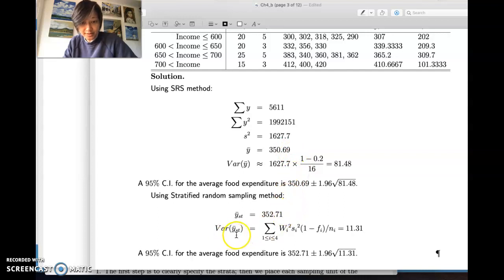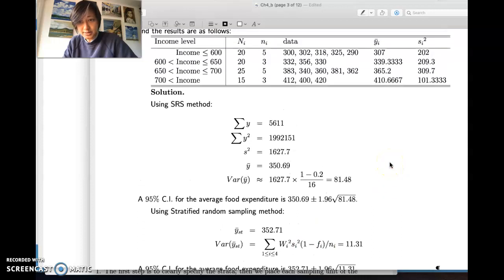What about the variance under stratified random sampling? We are looking at the variance summation for y bar. The variance estimate of y bar within each stratum would be the sample variance s squared multiplied by the finite population correction factor within the stratum.